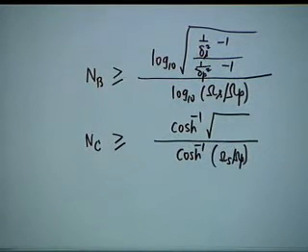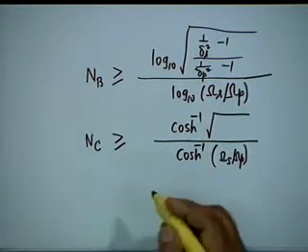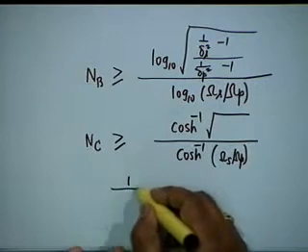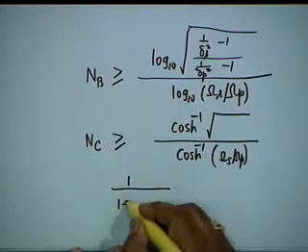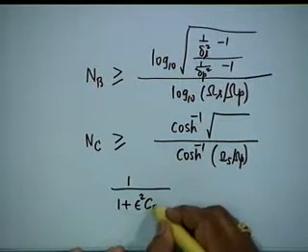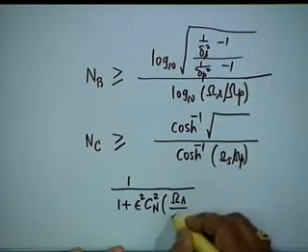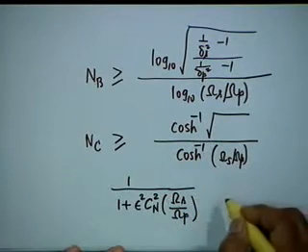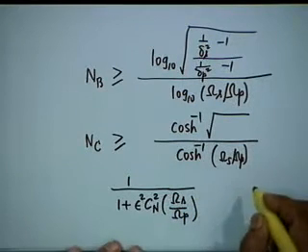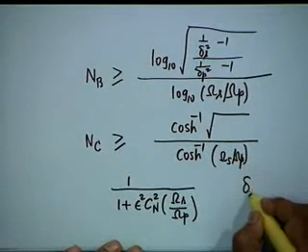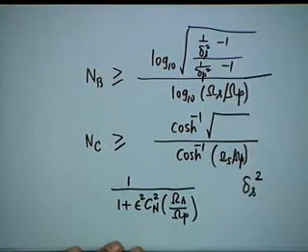I also told you that if cos inverse tables are not available, which usually they are not, you may have to use a handbook, or you use the alternative that at the edge of the stop band, 1 plus epsilon squared Cn squared of omega s divided by omega p should be equal to delta s squared.